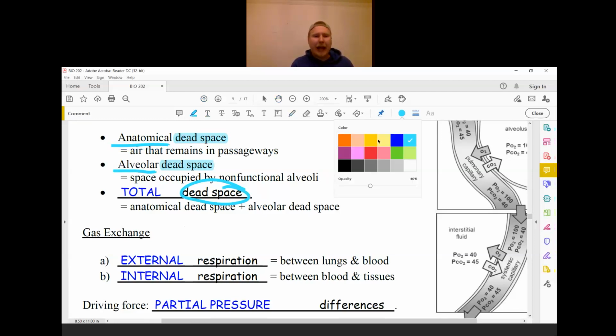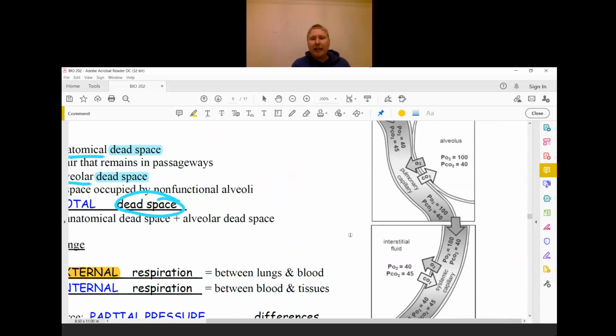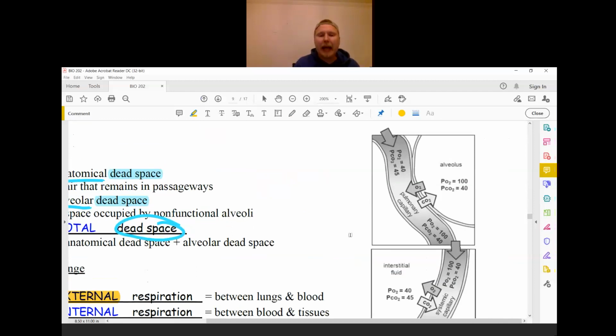I'm going to talk a little bit more about gas exchange, and we talked about external gas exchange and internal gas exchange earlier on. We're going to start by looking at the external gas exchange, which is of course between the lungs and the capillaries of the pulmonary system.